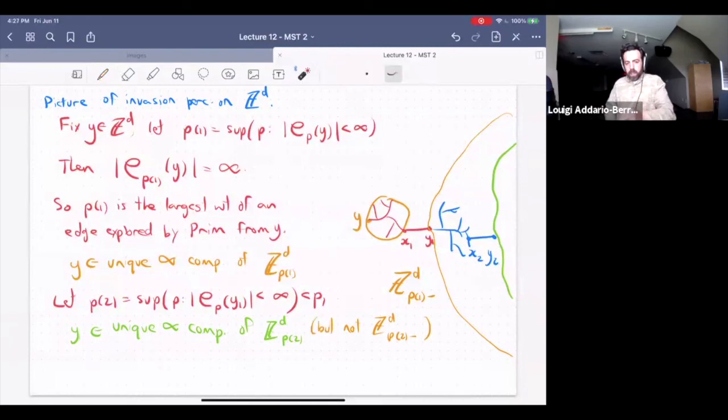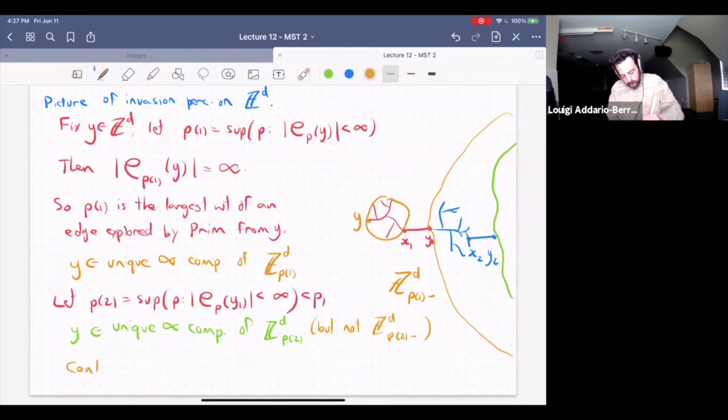Right, and so you can continue in this way. There's an infinite sequence of decreasing values where you look at the largest edge weight ever explored, and then the largest edge weight explored after that, and so on and so forth, right?